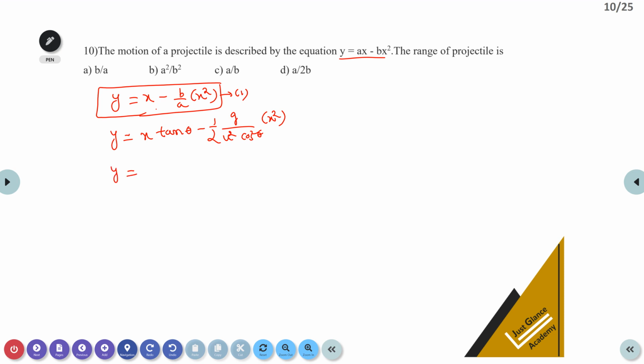So I am taking tan theta out: x minus 1 by 2 g divided by u square cos square theta into 1 divided by tan theta into x square, because I am taking this tan theta out.